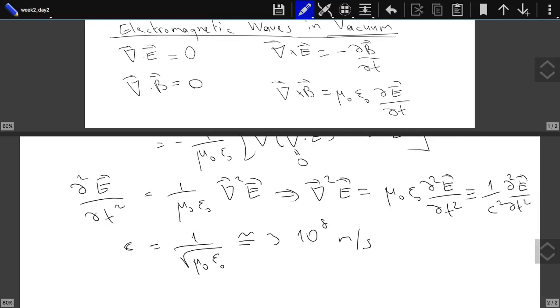And nevertheless, we predicted some kind of a wave should exist. And that kind of wave turns out to have exactly the speed of light. This was one of the indications that light is nothing but a kind of electromagnetic wave.